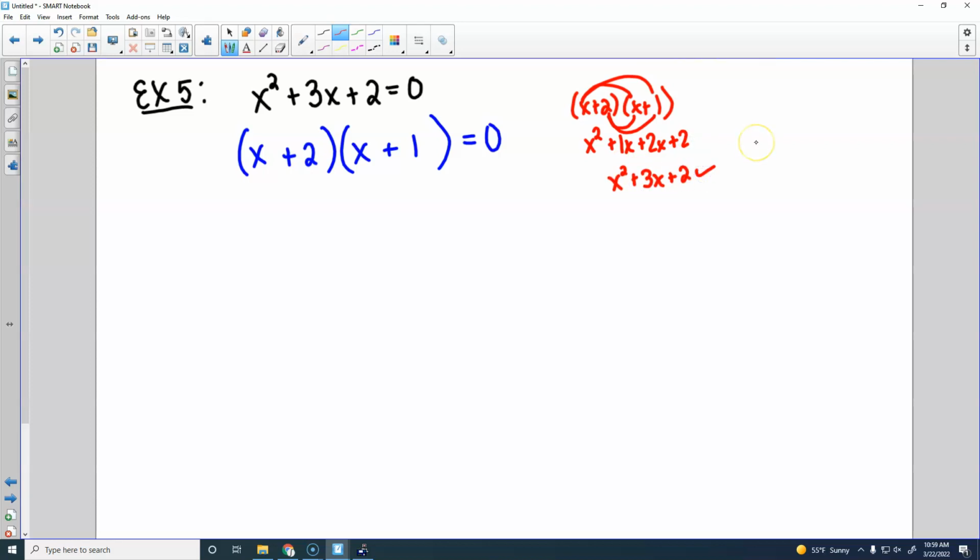But you can see that works. You can check it in your head, it's fine, as long as you are being consistently correct on those. If not, you might need to write over to the side, okay? All right, so I've got it factored. So before we were just factoring, and that would have been our answer. But we're solving equations now, so we need our number answer.